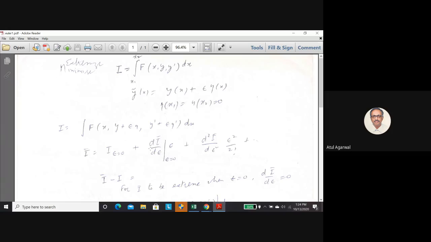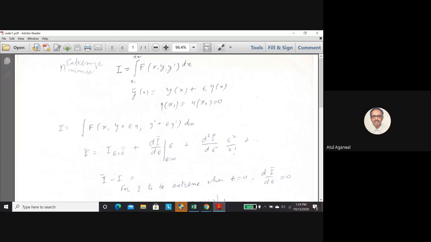If this value was non-zero, and epsilon is positive, your I bar will be positive. Suppose this is some positive value. If you take epsilon as negative, this will be reduced. So your I bar will at one time be greater than this, at another time less than this.